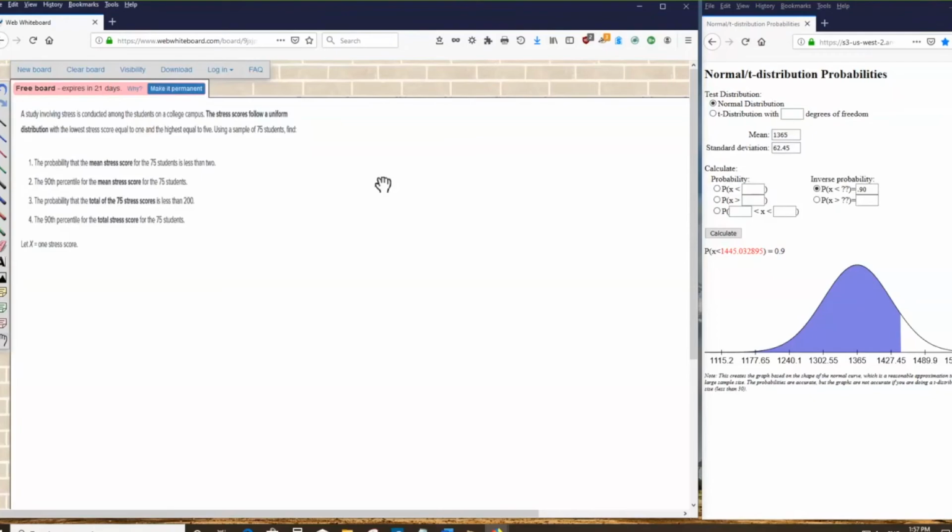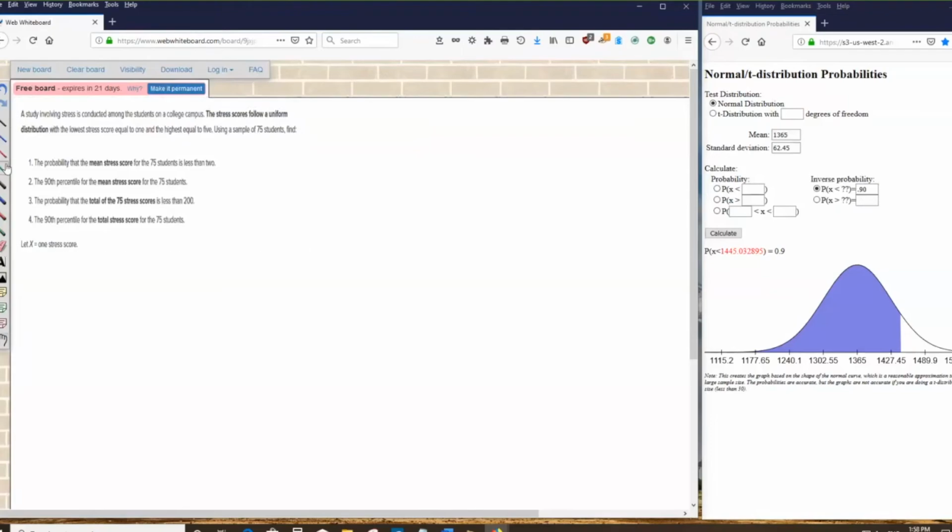Using a sample of 75 students, find: 1, the probability that the mean stress score for the 75 students is less than 2; 2, the 90th percentile for the mean stress score for the 75 students; 3, the probability that the total of the 75 stress scores is less than 200; and 4, the 90th percentile for the total stress scores for the 75 students. And let x equal 1 stress score.